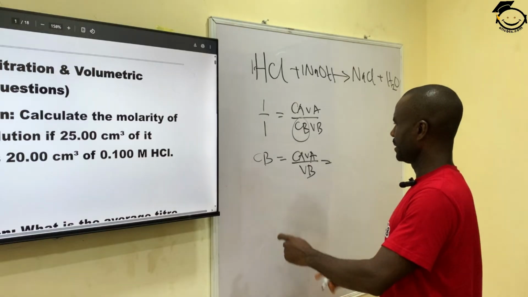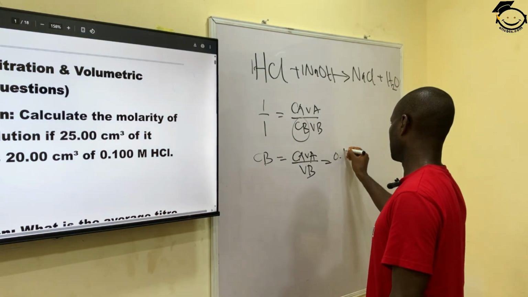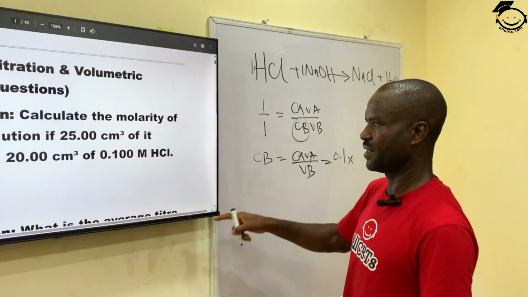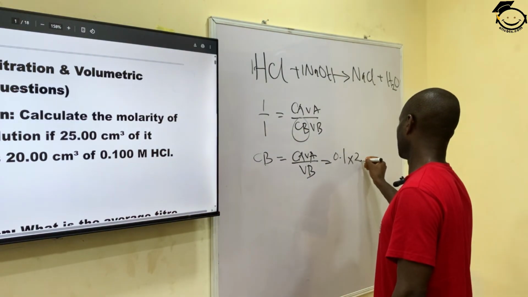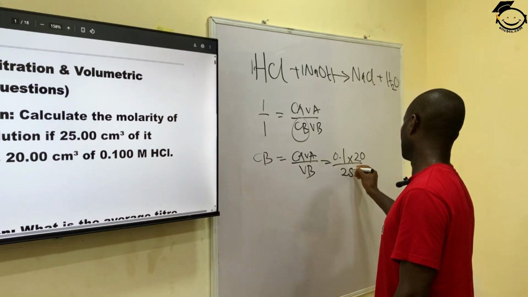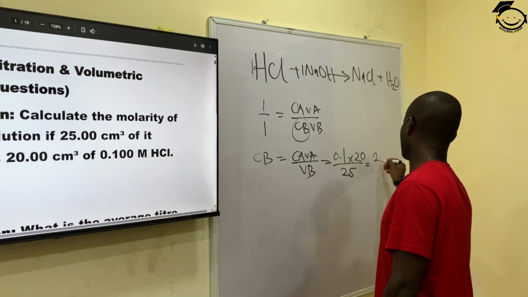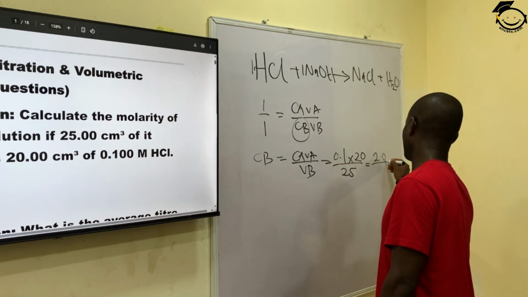So given that Ca, which is the molarity of the acid, 0.1, times Va, volume of the acid, which is 20, over volume of the base, which is 25. We have 2 over 25.